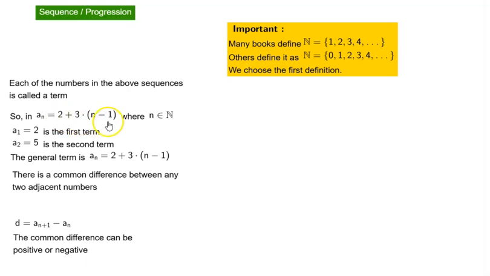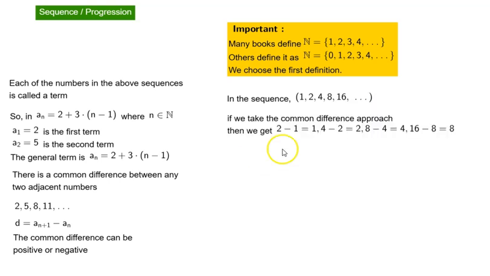Now, in this particular case, we have the sequence as 2, 5, 8, 11, and so on. So you can see 5 minus 2 is 3, 8 minus 5 is 3, 11 minus 8 is 3, and so on. Okay, now let's look at the sequence 1, 2, 4, 8, 16, and so on. If we take the common difference approach, what happens?